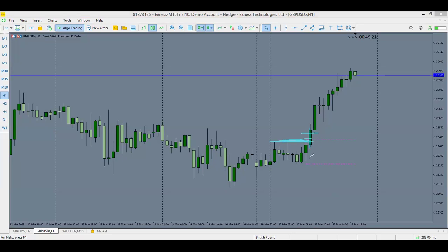You can say, okay, I'll put it below the lows of this candle. That is fine. Or you can say you put it below the lows down there, such that if price begins to move down and closes below this level that you've marked here, then you're no longer interested in a buy.